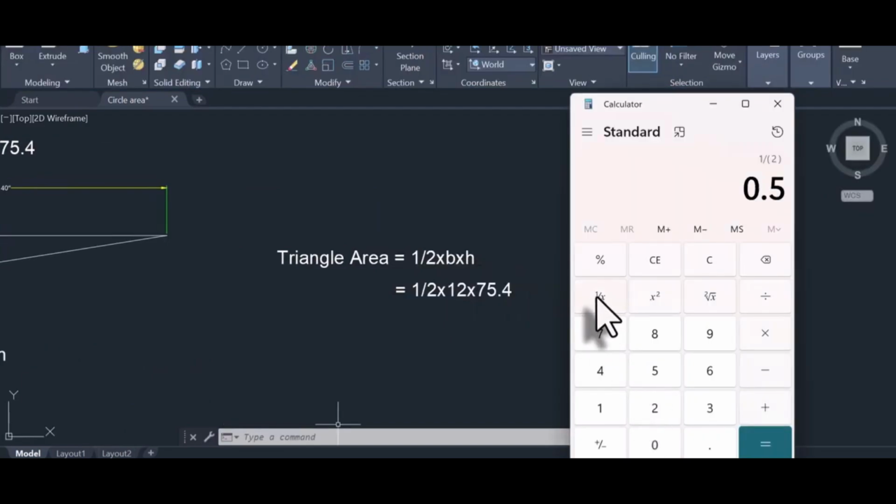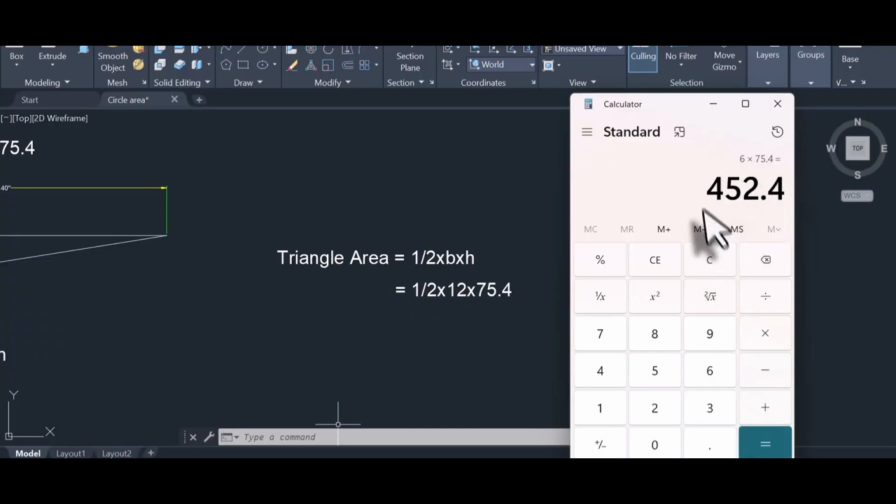Okay. 1/2 simplify into 1/2 into 12-inch into 75 Y 4. Calculate here.